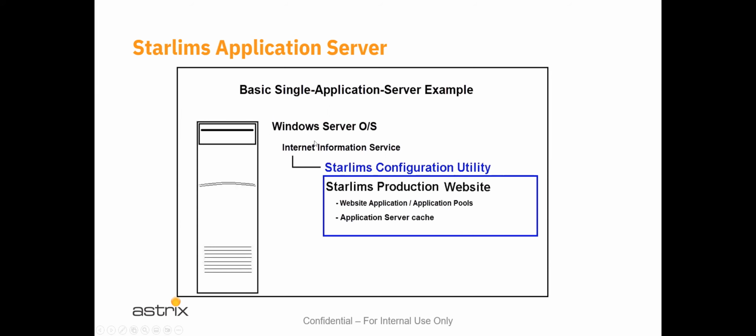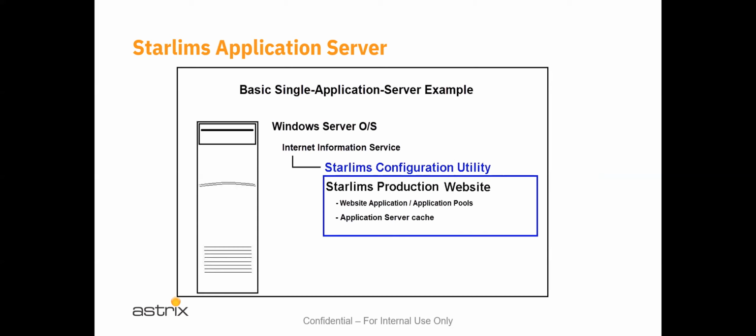The Internet Information Service hosts the STARLIMS configuration utility, which is an MMC, Microsoft Management Console utility. There are many different MMCs out there for every type of STARLIMS or regular application web server environment. And STARLIMS has its own MMC plugin, which allows us to configure and to set up all the different parameters and configuration settings for an application server associated with STARLIMS.